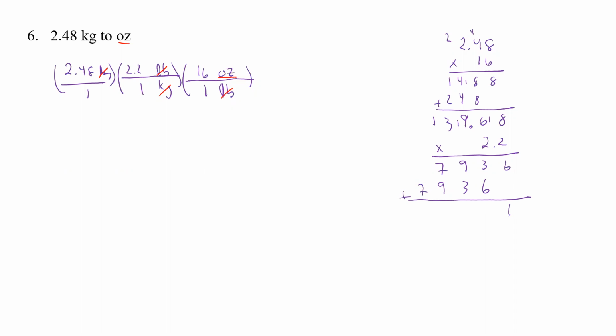All right, so 6, that's going to be a 9, it's going to be a 12, it's going to be a 17, it's going to be 8, 7, 2, 9, 6, and we move it 1, 2, 3 decimal places. And so that's approximately equal to 87.296 ounces, or if we round to the nearest tenth again, then that's going to be 87.3 ounces. Okay.